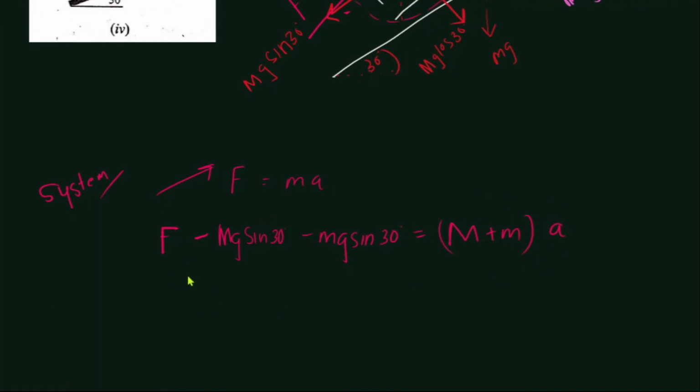For that, F minus (capital M plus simple m) g sine 30 equals (capital M plus simple m) a. So the acceleration, if you simplify, is F over (capital M plus simple m) minus g sine 30. Sine 30 is half, so g over 2. This is going to be the acceleration of the objects, right?